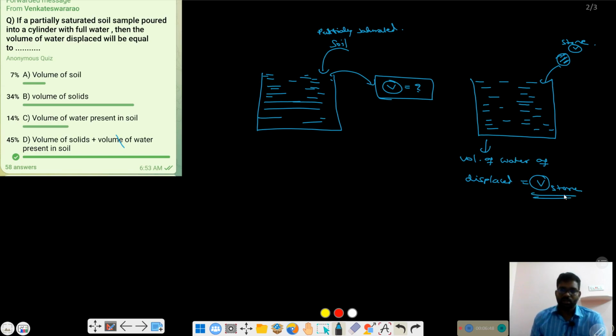ठीक है, so अब in this case what happened? The soil is not completely packed. What I mean to say, this soil is partially filled with solids, and it has some voids.